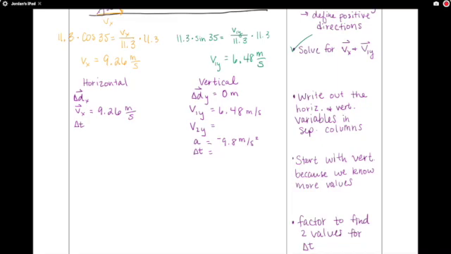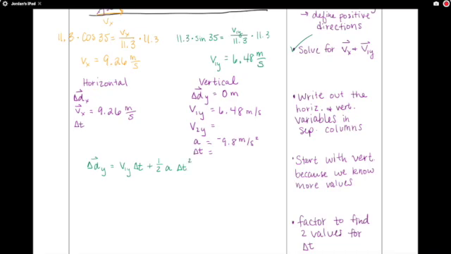Equation 3 is the displacement of y equals v1 delta t plus 1/2 acceleration change in time squared.